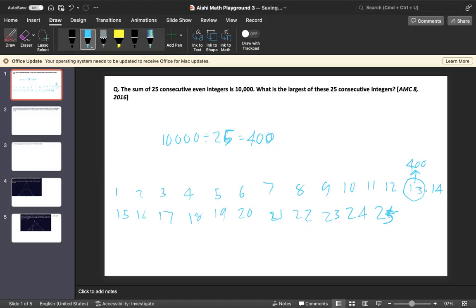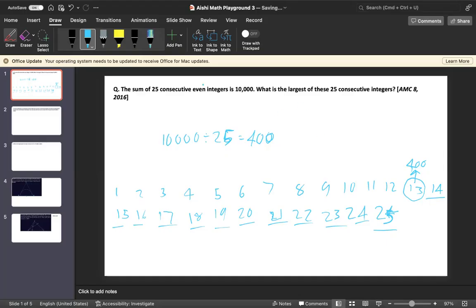So now let's see how many terms there are. We need to find the largest, so let's see how many terms there are in front of this. There's 1, 2, 3, 4, 5, 6, 7, 8, 9, 10, 11, 12.